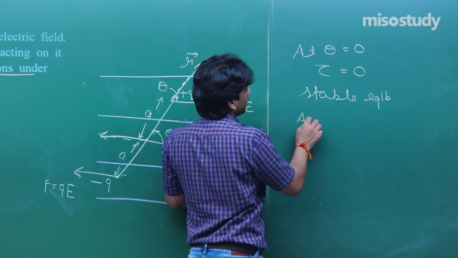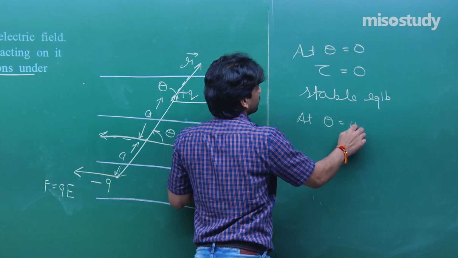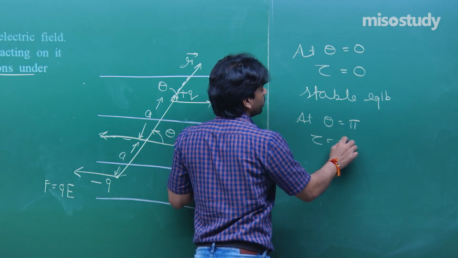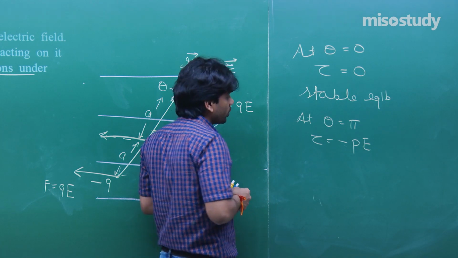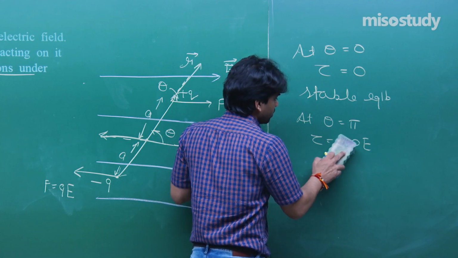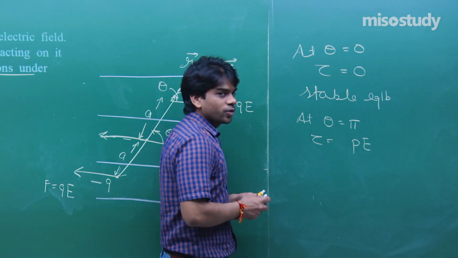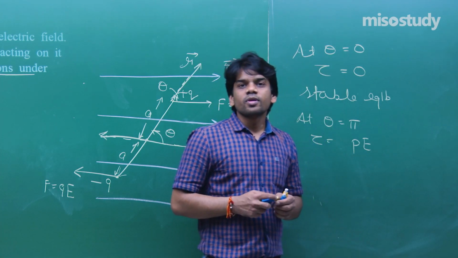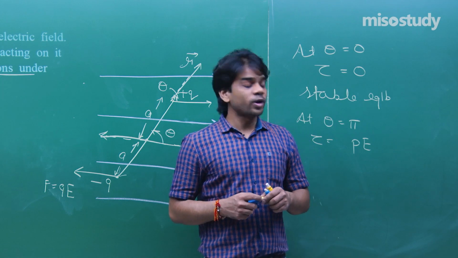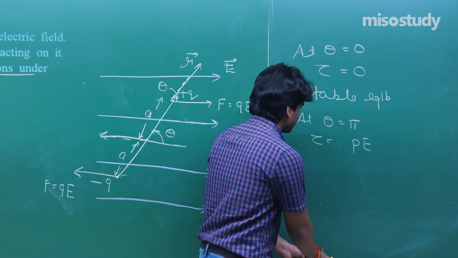For theta equal to pi, the torque comes out as PE sine 180.